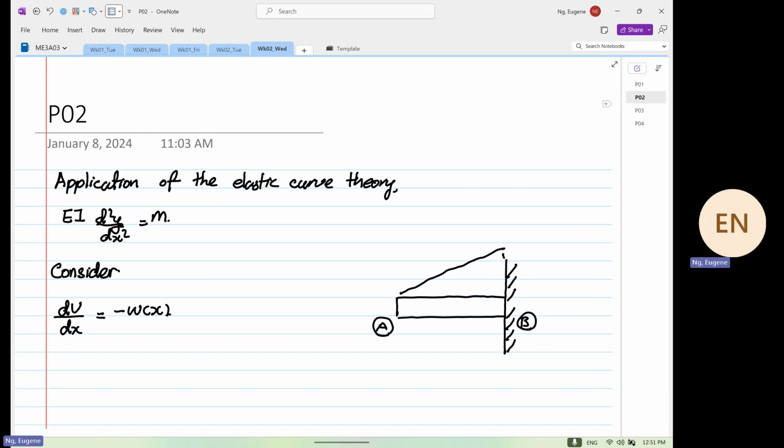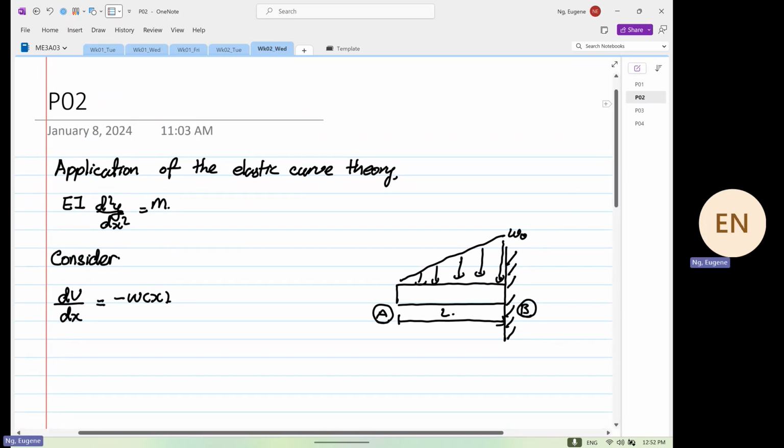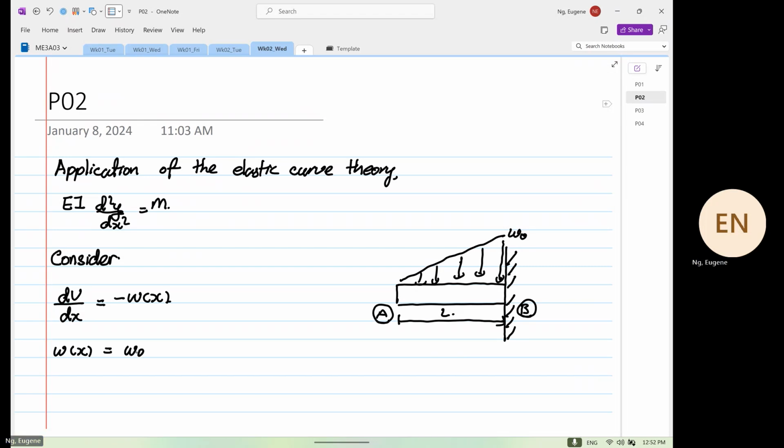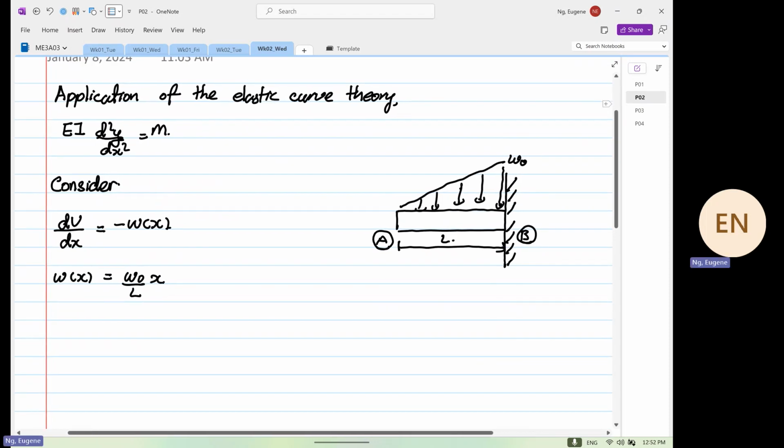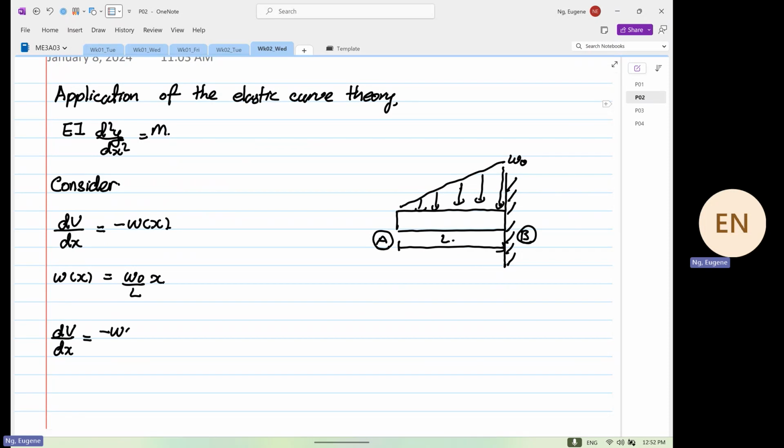The distributed load is omega naught, and the distance from here to here is L. So from here, we derive the equation where omega as a function of x is equal to omega naught over L x. Then we have dV over dx is equal to minus omega as a function of x, which is equal to minus omega naught x over L.